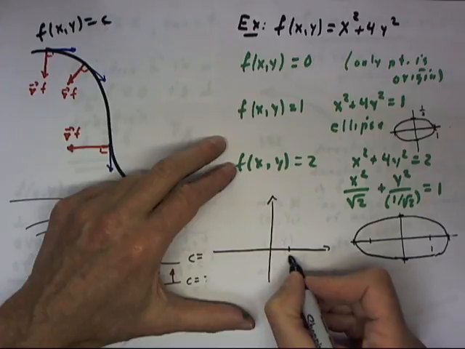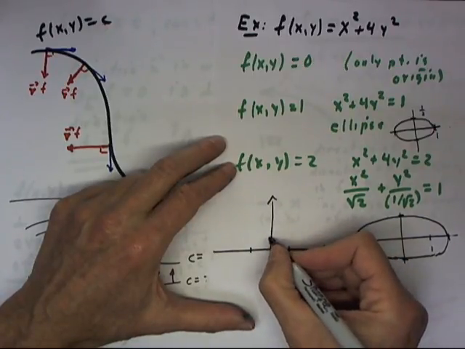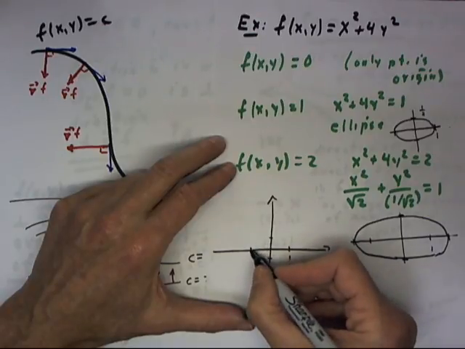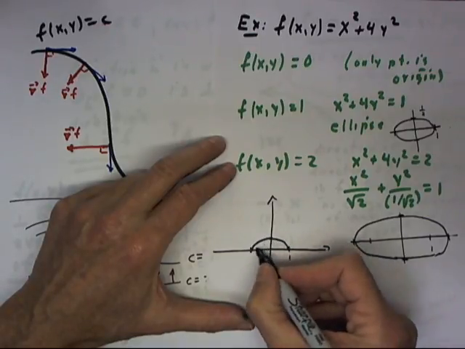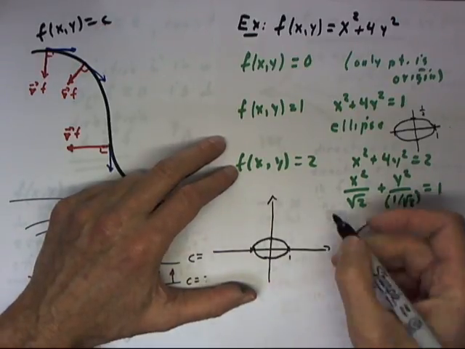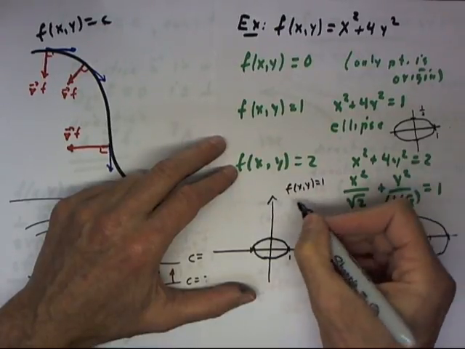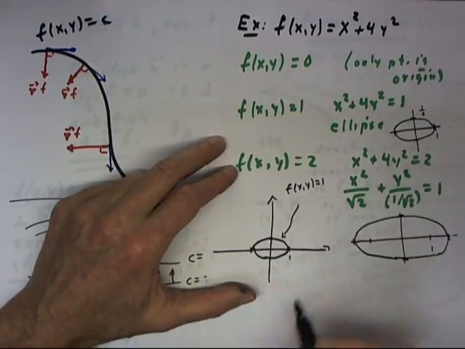And let's go to a slightly smaller scale. Let's put 1 here, -1 here, 1/2 here, -1/2 here, and draw our c equals 1 curve. That would be f of x, y equals 1, and that's this curve.